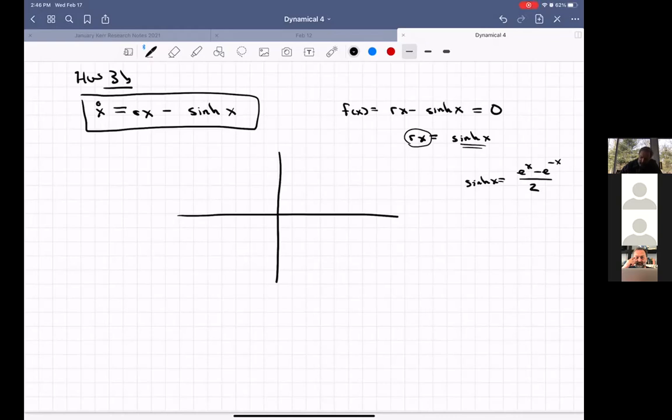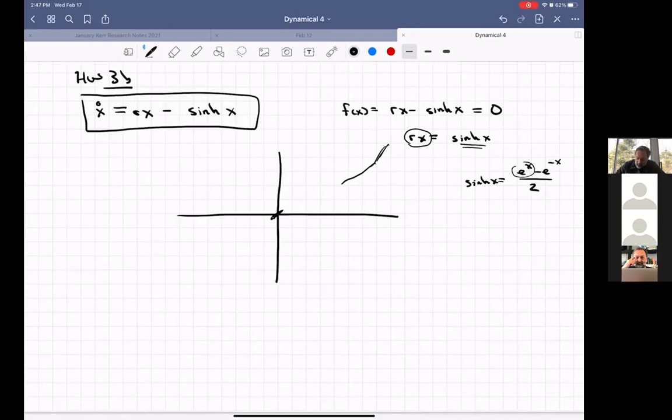So at positive X, let's see, what does it do? When X goes to infinity, this term wins. And so it's going to get big out here. When X is 0, it goes through 0.